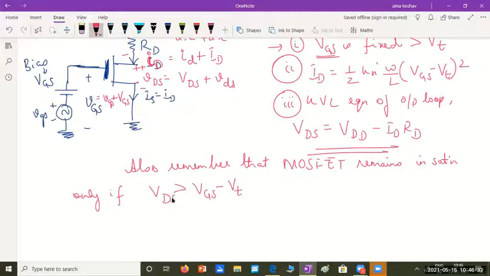I can call it the drain source voltage or the drain voltage, but the voltage at the drain should be greater than what you remember. What did we call this usually?